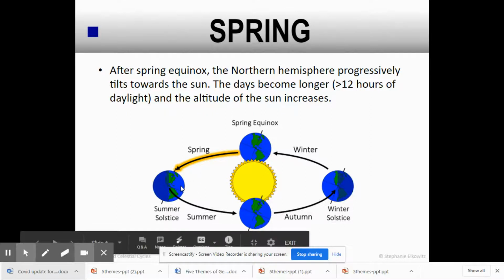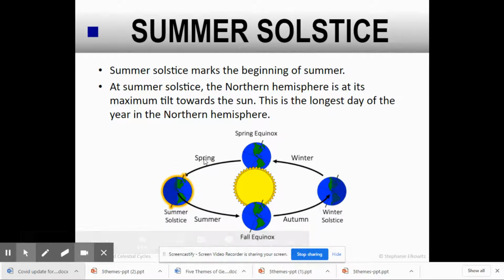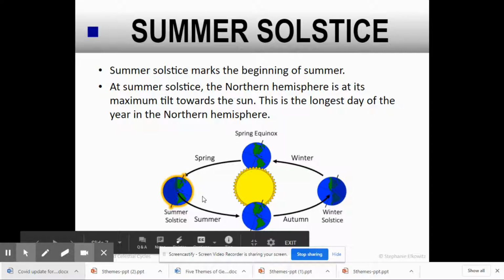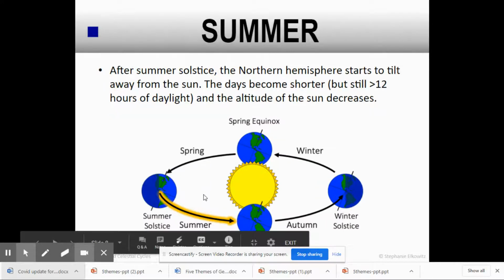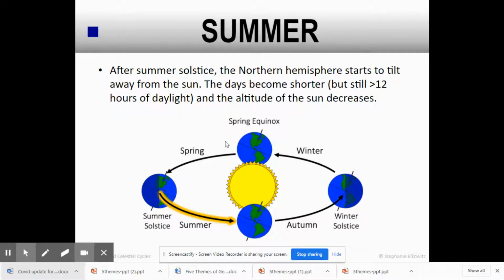Then after spring, we go through summer solstice. That's the beginning of our summer. That's when the northern hemisphere is at its maximum tilt toward the sun and the longest day of the year. Keep noticing, follow those arrows. After summer solstice, we're in summer. The northern hemisphere starts to tilt away from the sun.